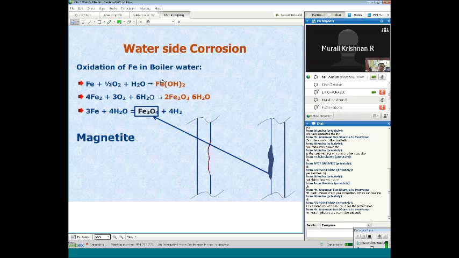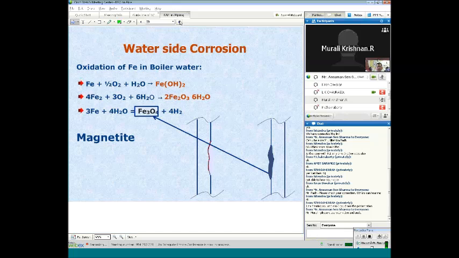Now, these are all basically galvanic reactions. If we can protect the metal from the galvanic reaction by putting up a scale of magnetite, then the metal becomes safer. So that is why magnetite is termed a protective layer.